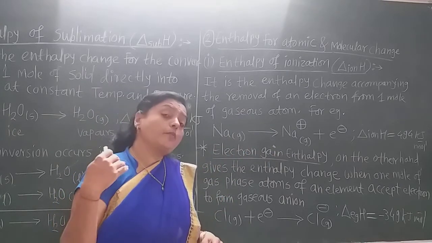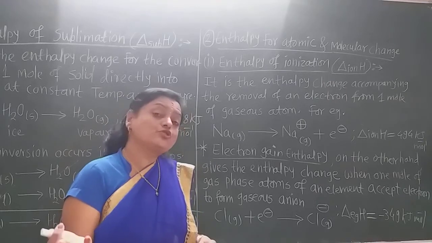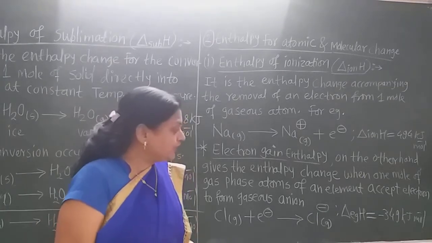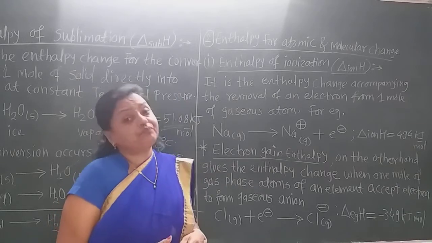Now for formation of an anion, there is the addition of an electron, and that enthalpy is called the electron gain enthalpy, and it is denoted by delta EG H, to form the negative ions.